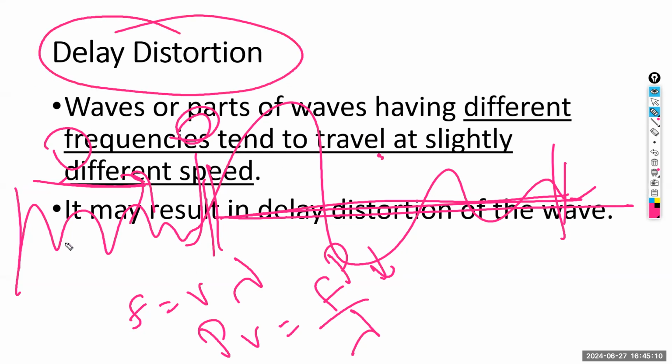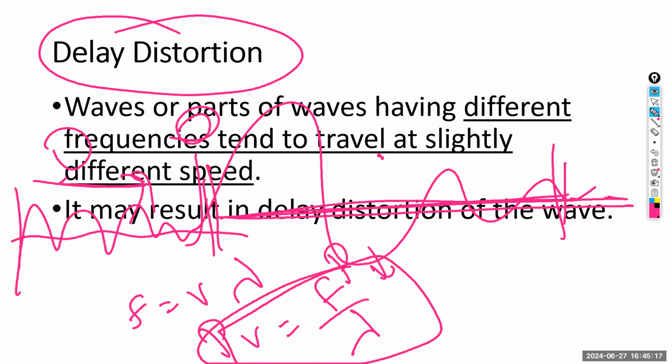So the reason is high frequency parts tend to move faster than low frequency parts, that you can understand using this formula. So that can create sort of a shrinking and stretching of your wave. So that is called delay distortion. So that is another possible distortion or impairment. Impairments means distortions, imperfections to the wave. So what we receive is not the original wave because of these things: thermal noise, delay distortion.